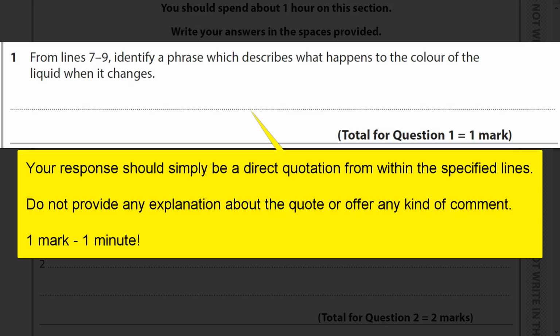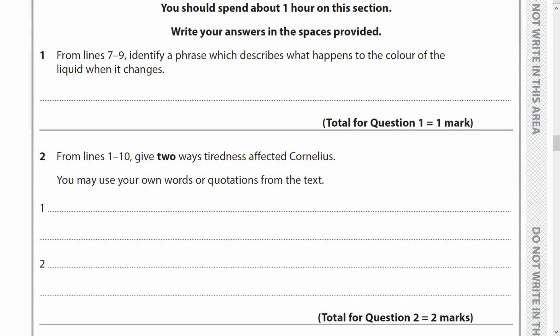All they want you to do is lift the quote, write it in that space that they've provided, and do nothing else. They do not want you to explain the quote. They don't want you to comment on it in any way. They just want the quote lifted and written in that space.